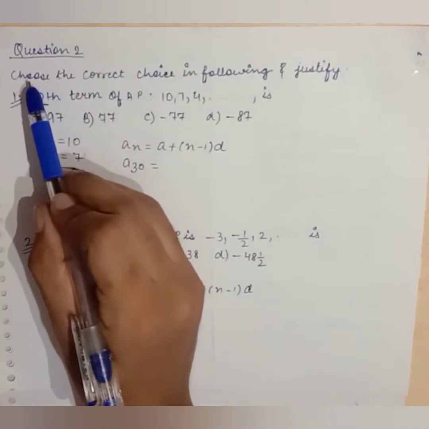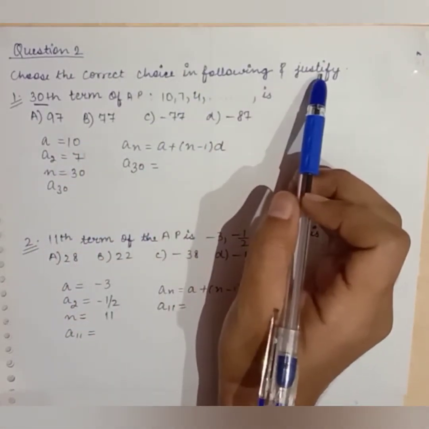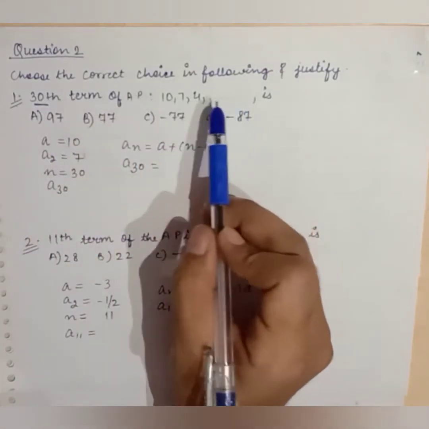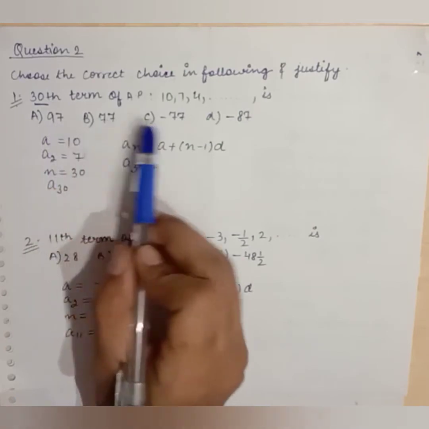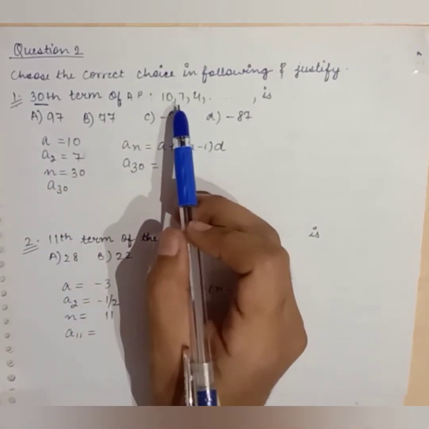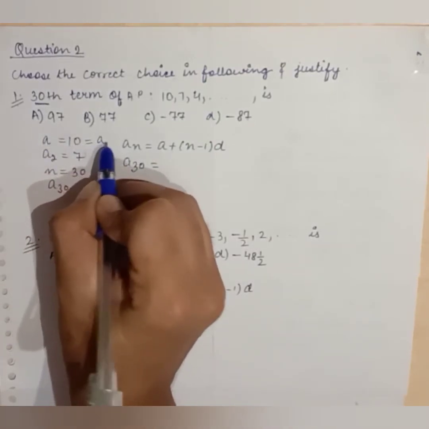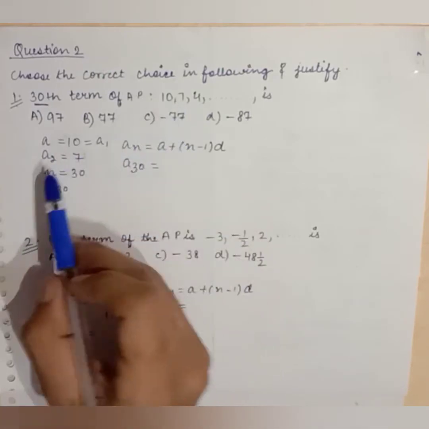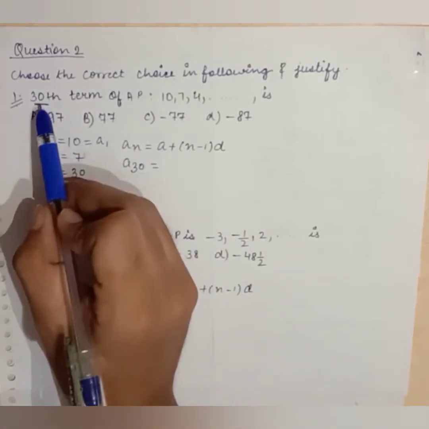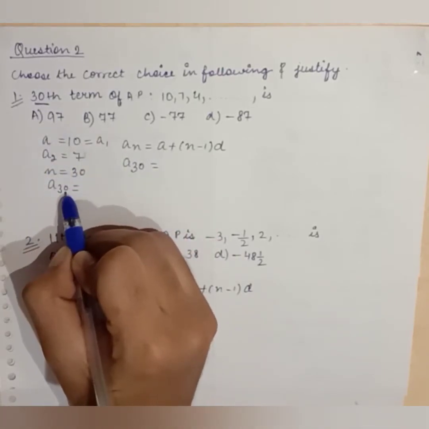Question second. Choose the correct choice in the following and justify. In the first question, for the 30th term of this AP, we are given 4 choices and we have to choose the correct one. We are given a, that is our first term, 10, the second term a2 is 7, and n is 30. We have to find the 30th term.